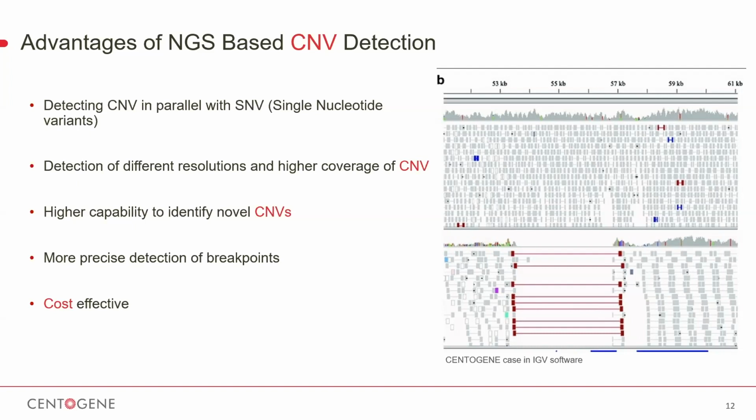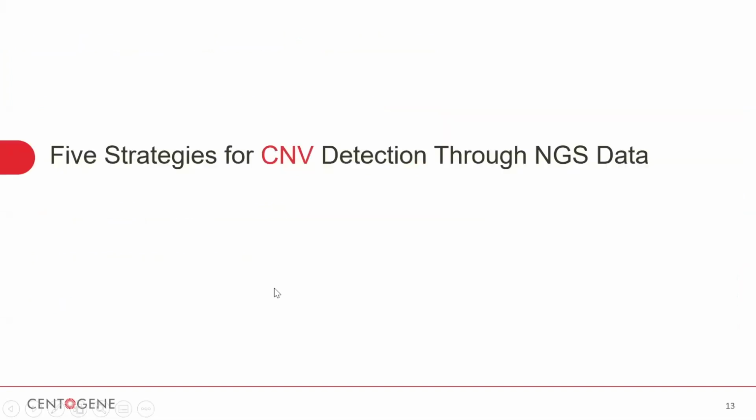Of course, being genomic analysis, it is capable of detecting de novo copy number variants and can give more precise detection of the breakpoints of these deletion and duplication mutations. And this is, of course, more useful with whole genome sequencing.